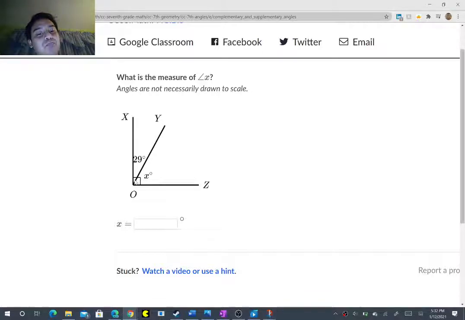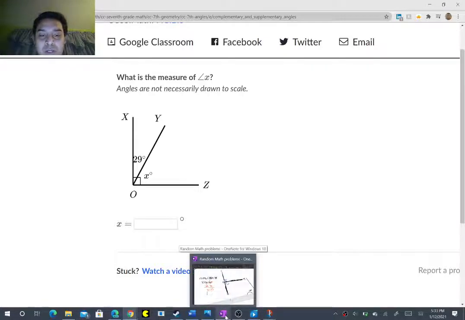Okay, so this one is fairly easy. It's like the other one we just did. We say x, o, y, z. So again, let me redraw it really quick.